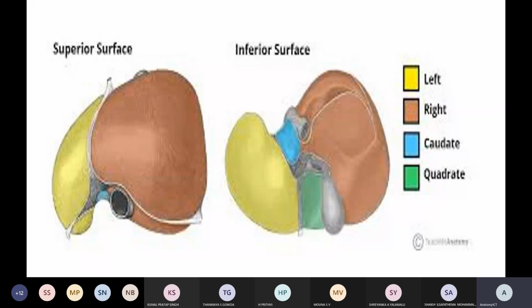This is the ligamentum venosum towards the side, right? As we know, this is the hepatic artery and bile duct, as well as the hepatic vein. Along with them, there is a duct which opens into the gallbladder, called the cystic duct. That is also present along with this, right? Bile duct, and also the cystic duct.